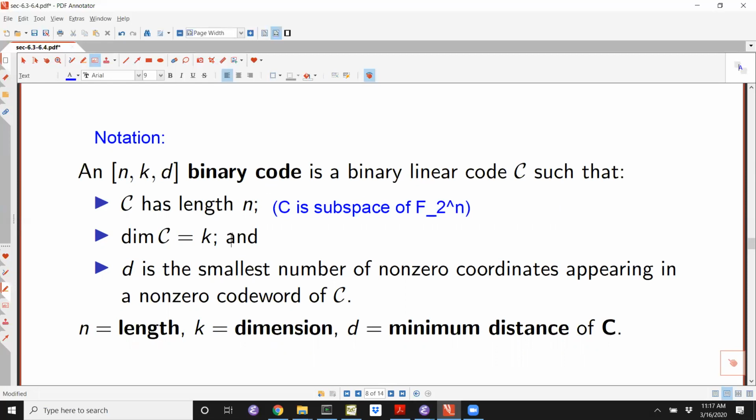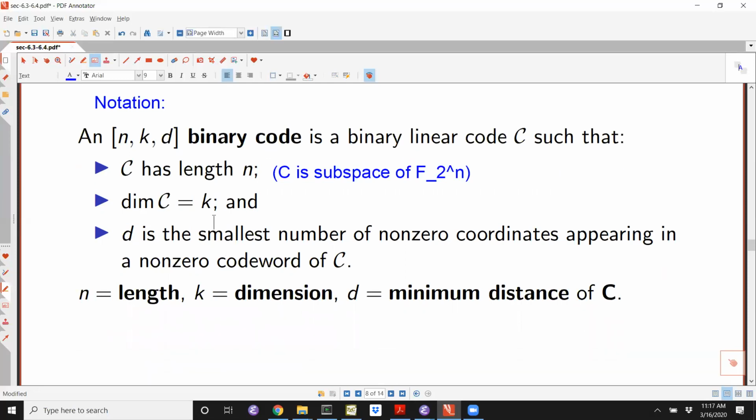That is, all the vectors in C have n entries, n coordinates. The dimension of C equals k, and we know what that means. And then d is a new thing. d is the smallest number of non-zero coordinates appearing in a non-zero code word of C. So n is the length, k is the dimension of the code, and those are things that we know.